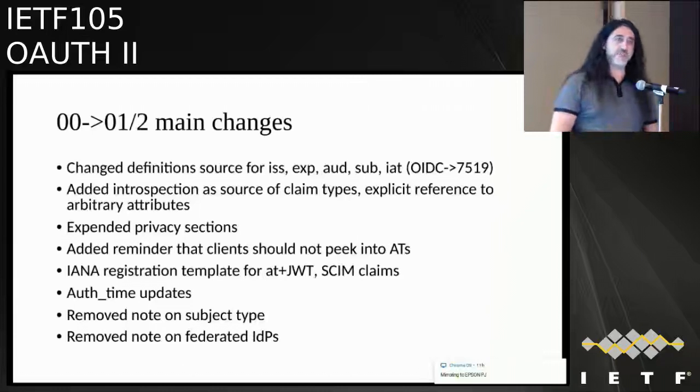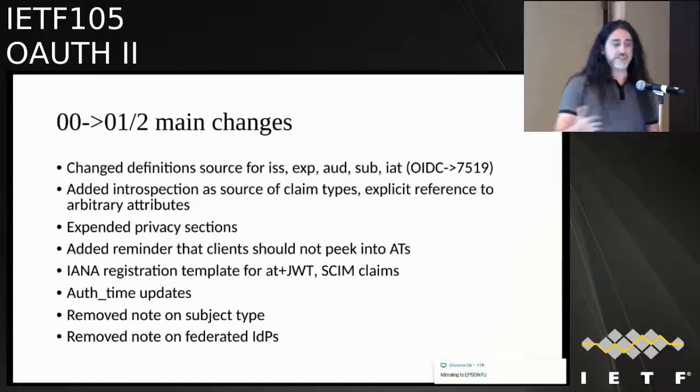Then, where we mentioned tokens that represent identity, I was only mentioning OpenID, and now I extended it to mention also introspection and explicitly opened up to any potential source of identity claims. I also mentioned clearly that authorization servers are free to place whatever attributes they want in there, as long as they don't have collisions and similar.